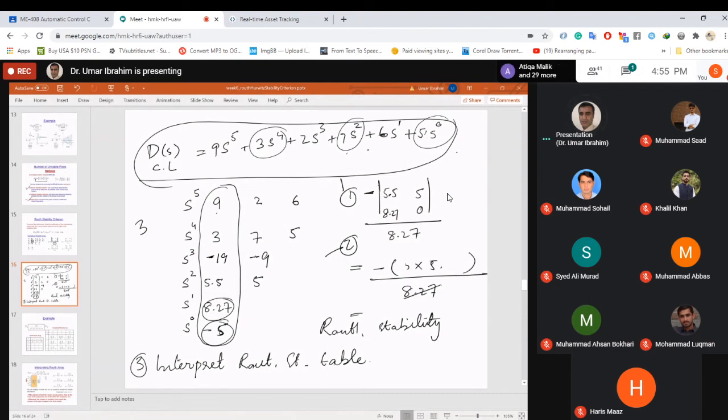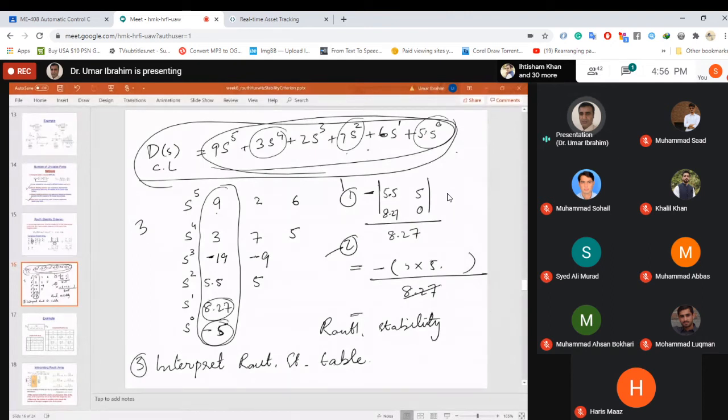The stability of a system, whether it's a plant transfer function or a closed loop feedback control system transfer function, depends on the number of poles in the right hand plane. Even if there is one pole in the right hand plane, the whole system is unstable. This characteristic equation की degree क्या है?